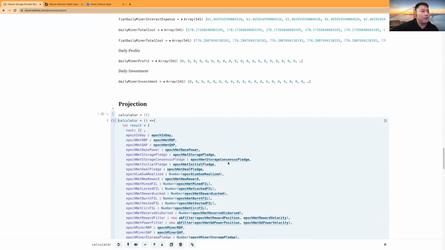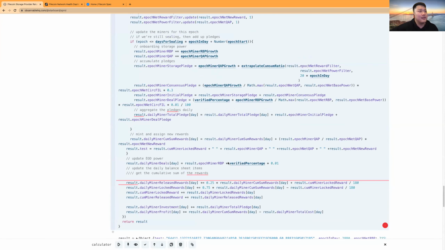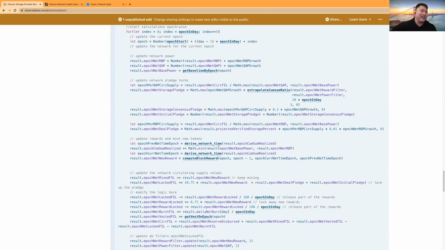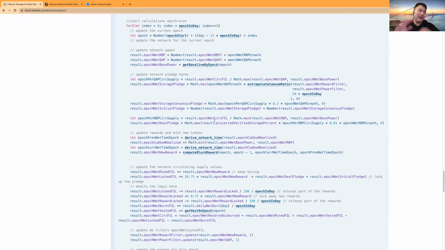If you expand it, you will see the full algorithm. Again, this is very clumsy and a bit hard to read, but the entire logic is very simple. After you input a network assumption for each particular epoch, you simulate the network growth first, then you go to the individual storage onboarding sessions.